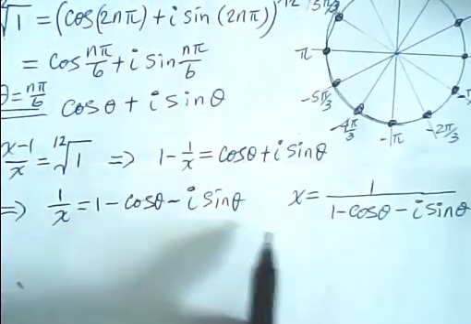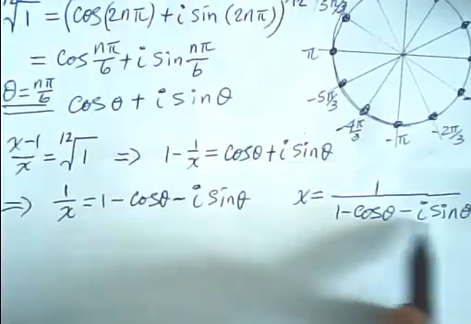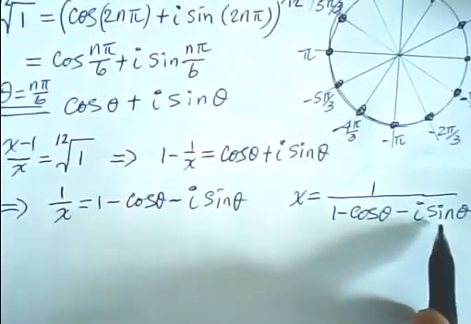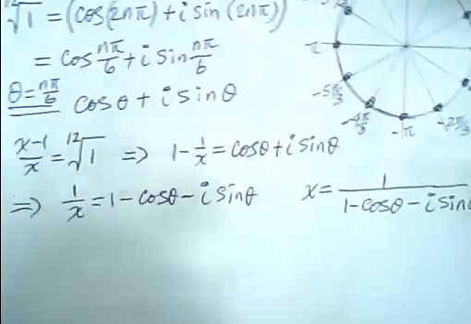Okay, so how to find x? Of course, we multiply the conjugate of the denominator, and at the same time multiply the numerator.